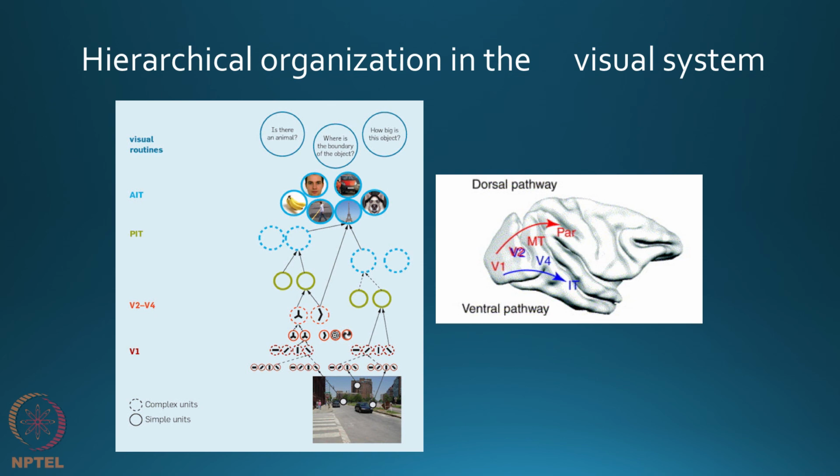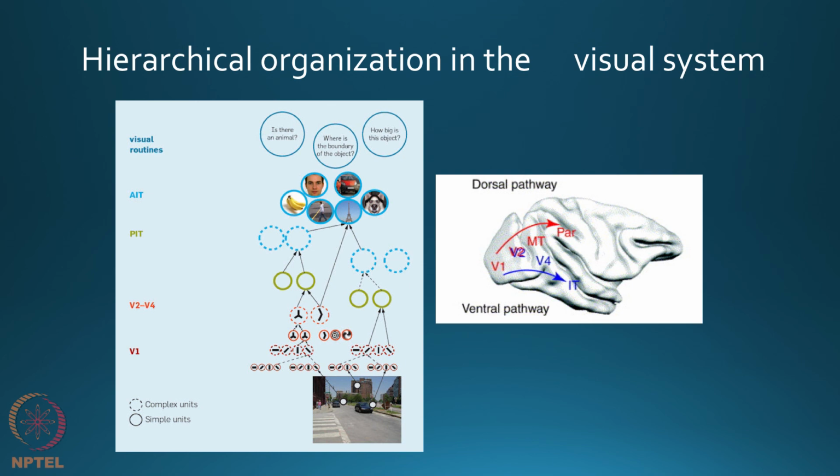These edges could be of any orientation. If you go to the next level, say V2, you have neurons which respond not just to edges, but to combinations of edges like angles, or even features where 3 lines come together forming a trijunction.